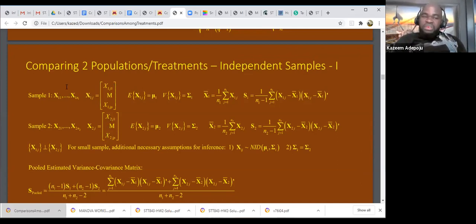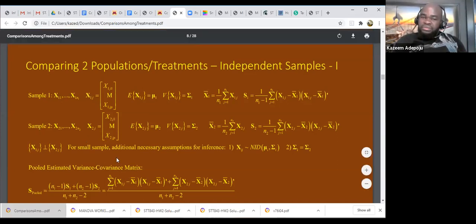Maybe this set of sample 1 are the economic variables in a particular country, and this is economic variables in another country. So this may be exchange rate, inflation rate, consumer price index, and so on for one particular country, and this may be for another country. Maybe you want to compare. So right here, we're actually going to have the mean vector.